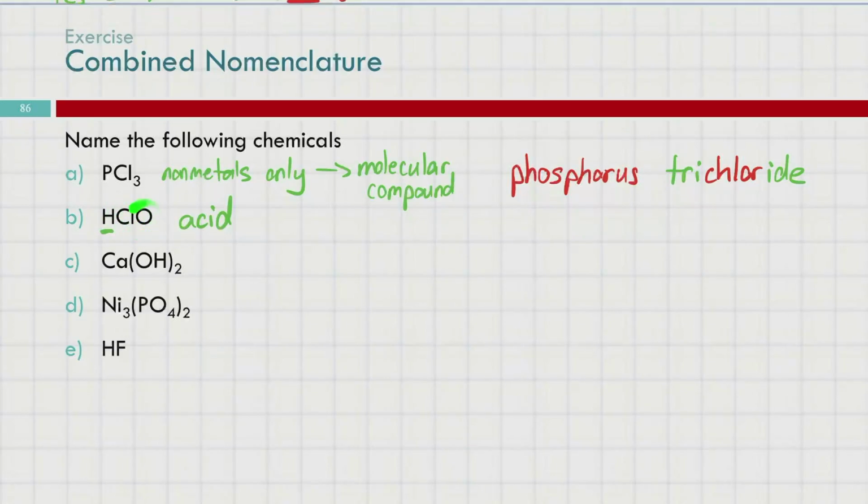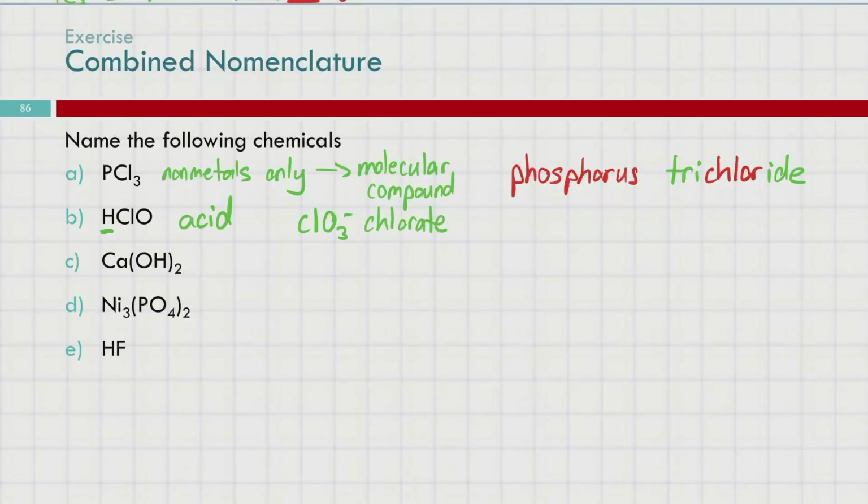So we've got this ClO, that thing lumped together. We would go to our green sheet, find something that looks like ClO. What do we find that looks like ClO on our green sheet? ClO something. Chlorate, ClO3 minus is chlorate.